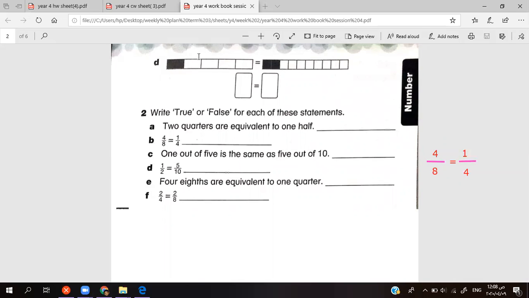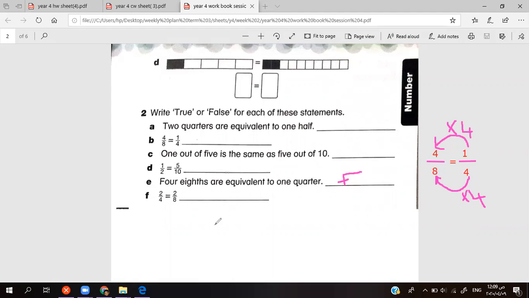Okay, we'll see now. Let's try. How did the 1 become a 4? Multiplying it by 4. So I must also multiply down by 4 and see if the answer will be right. 4 times 4 is 16. This is an 8. So definitely these fractions are not equivalent. So this is false.